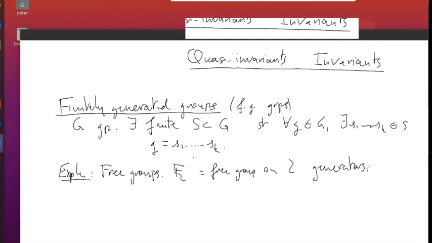Okay, so you start with an alphabet. So in our case, I will call them A and B because I have only two generators. And then I define abstractly A minus 1, B minus 1. So these are formal inverses of my generators. Okay. And from there, I can define a set of words.